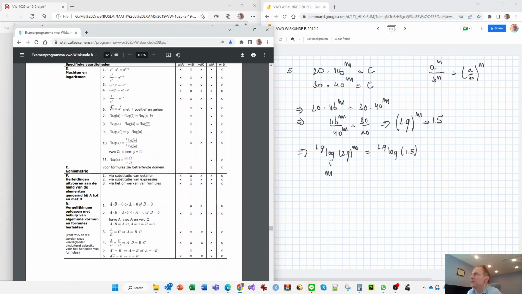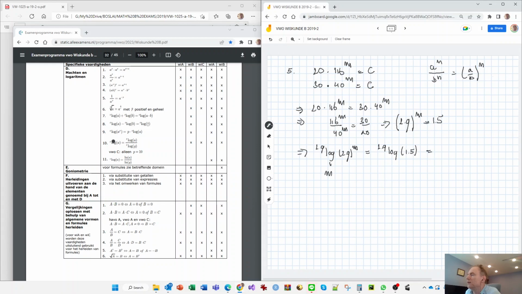Now we just go over to an arbitrary logarithm, maybe base 10, since then we can put it in the calculator, or the natural logarithm. So we get log 1.5 divided by log 2.9. You don't need to prove this, it's basic knowledge.